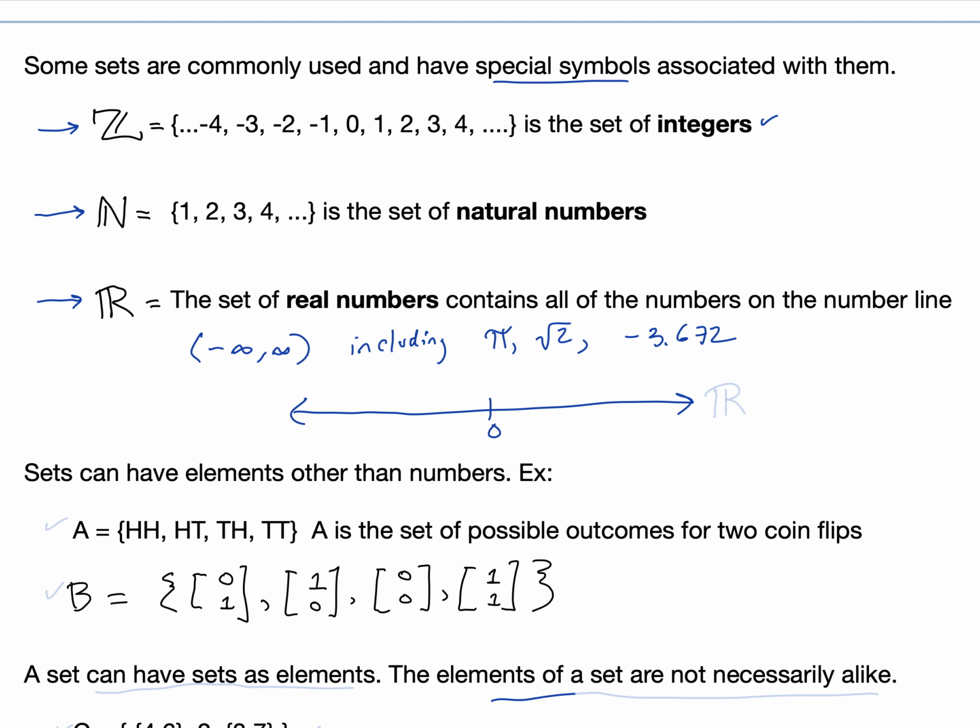So the set of real numbers is everything on the number line. Okay, so those are three important sets, and those are symbols that you'll eventually want to just know off the top of your head.